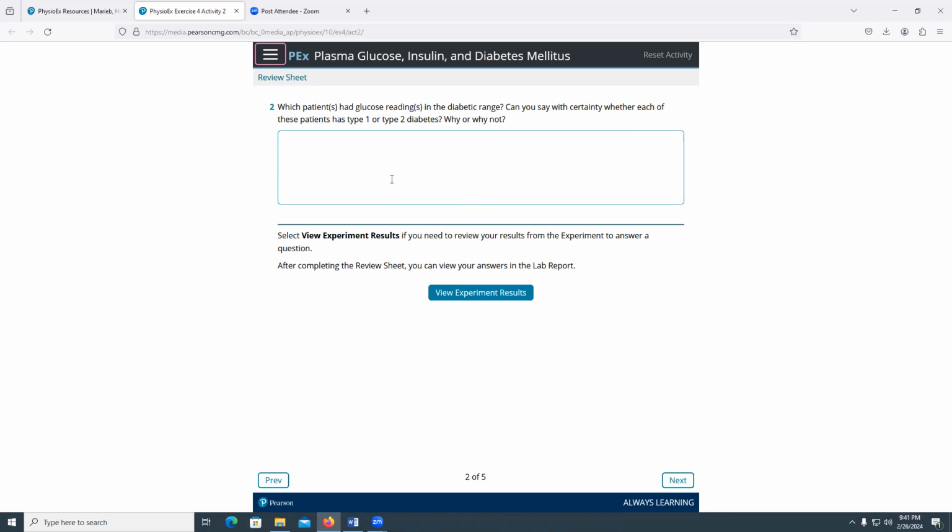Which patient had glucose readings in the diabetic range?